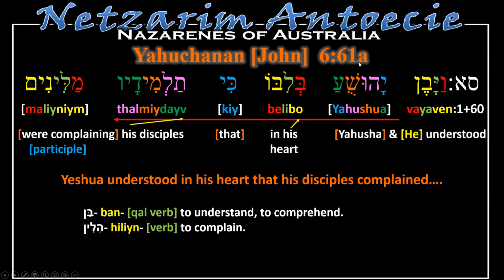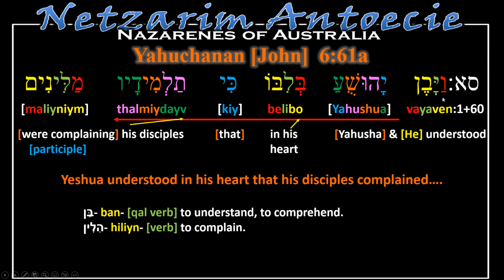And so now we come to 61a, and we have a samek, value of 60, an aleph, value of 1. So we know we're in 61. And so we go through the letters. Vav yod vet nun sofit, yod hey vav shin ayin, bet lamed bet vav, kaf yod, tav lamed mem yod, dalet yod vav, mem lamed yod nun yod mem sofit.